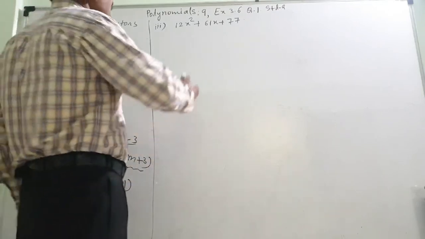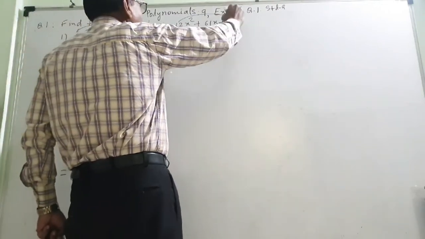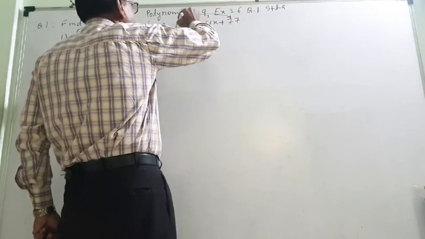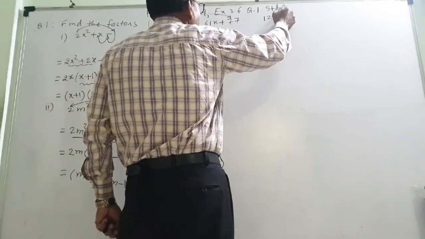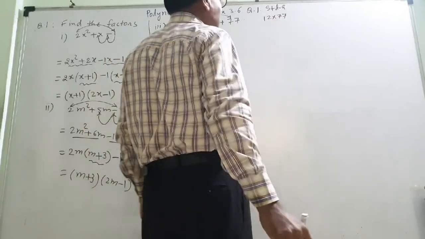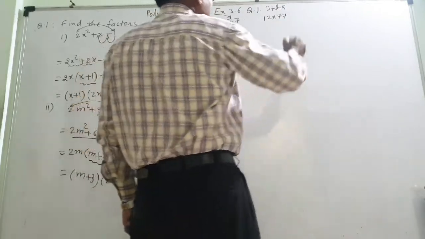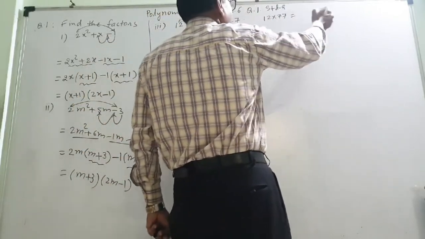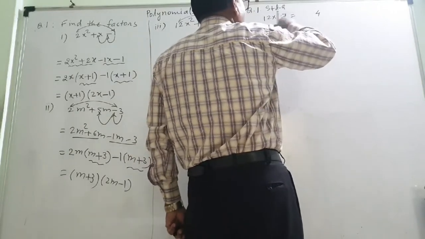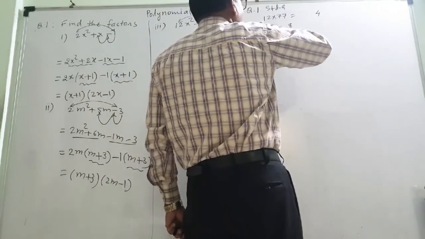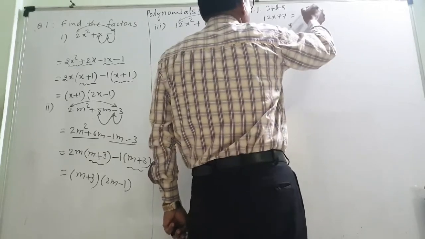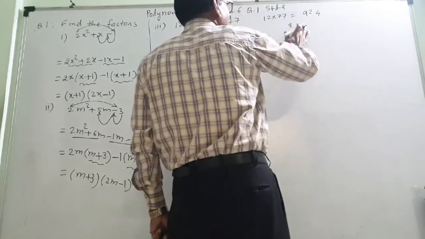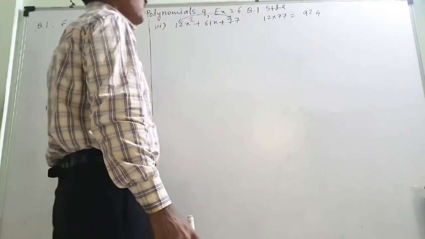So I will multiply these two. 12 into 77: 12 sevens are 84, 84 plus 8, 92, 924.